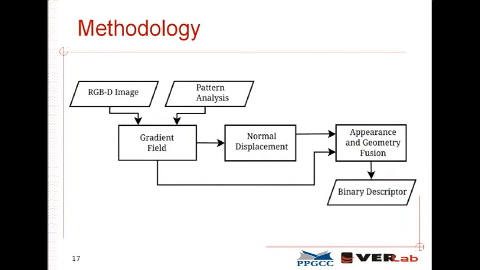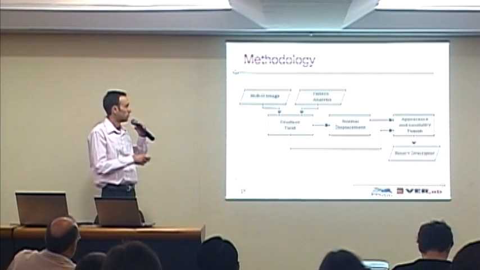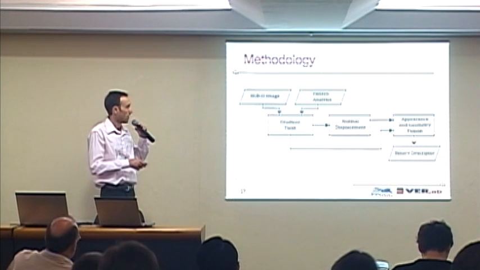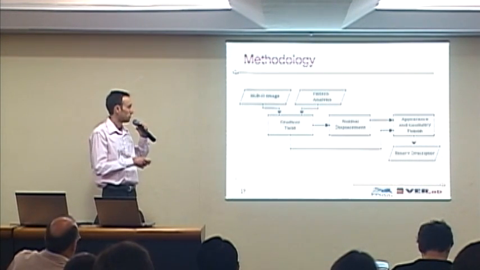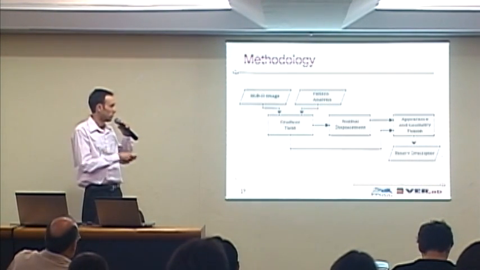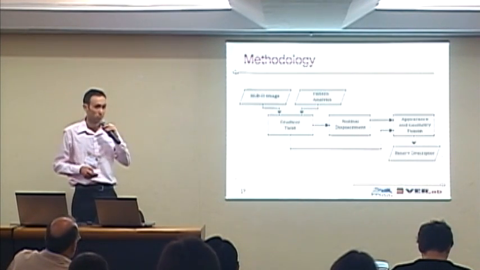Our methodology has three main steps. The first one is to compute the gradient field, then we evaluate the normal displacement, and finally, the results of the analysis are fused to create a binary descriptor.